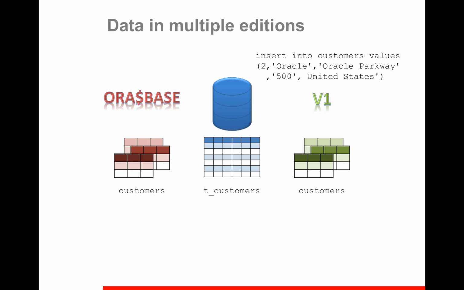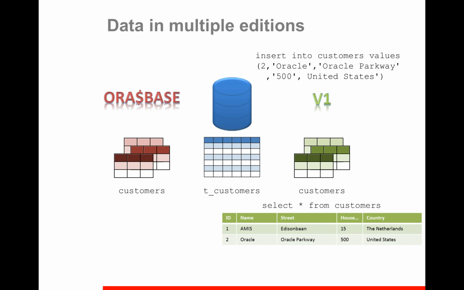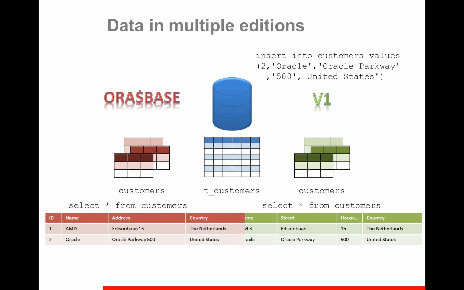If we insert stuff in the new edition, Oracle Parkway, and as we told the reverse cross-edition trigger, we need to get street and house number concatenated into the address field, and that's done automatically.